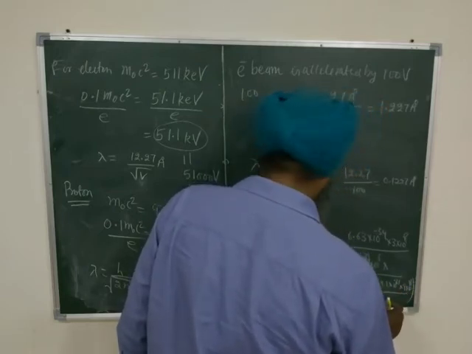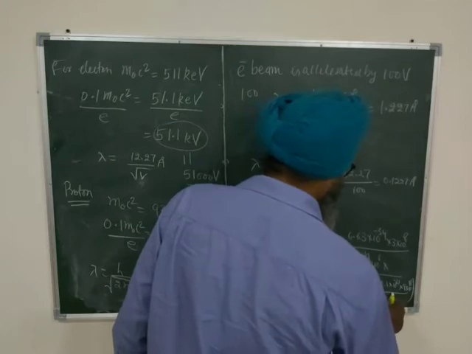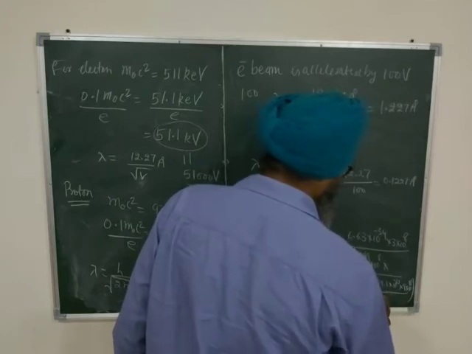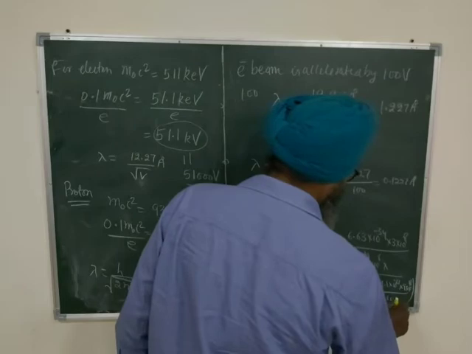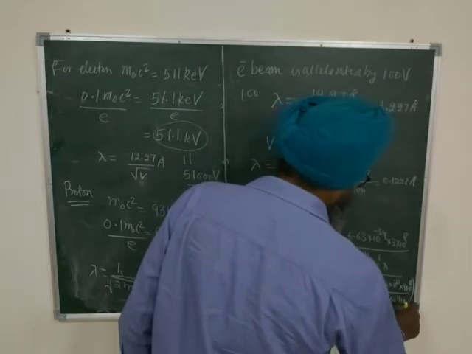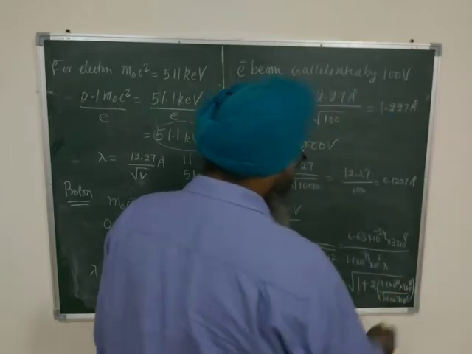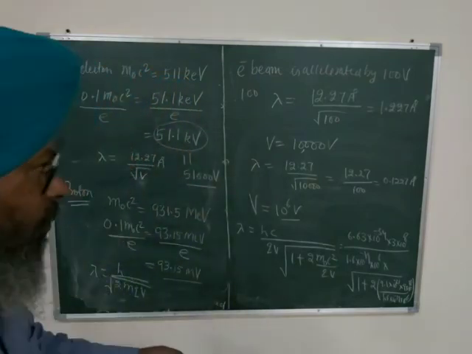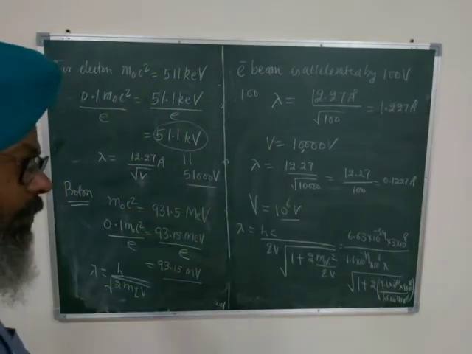Again it will be 1.6 into 10 raised to power minus 19 and v is 10 raised to power 6. Now you can solve this to find the answer, and this answer will be quite different from the previous one.